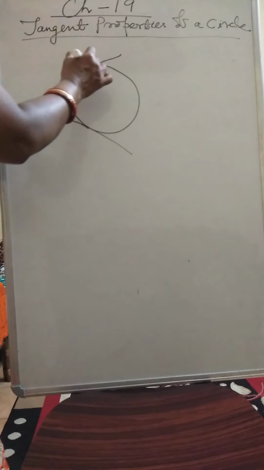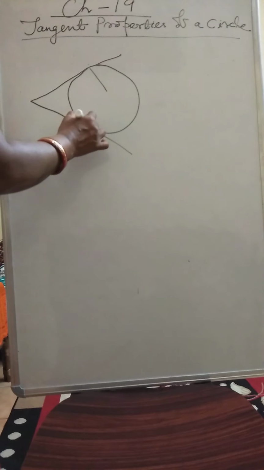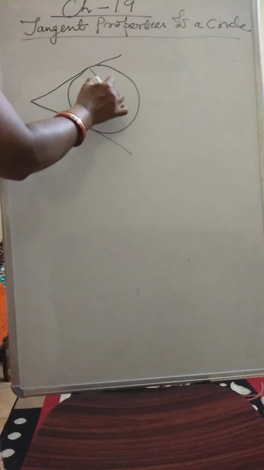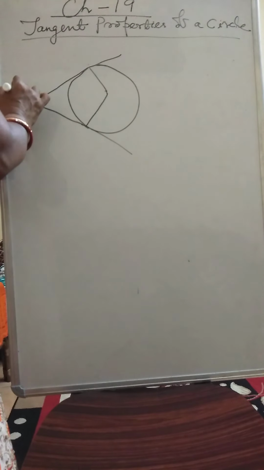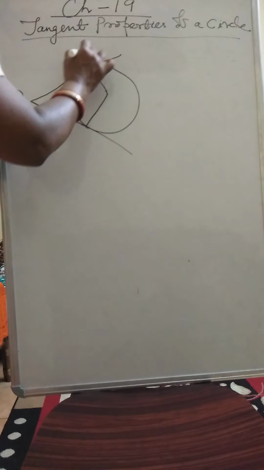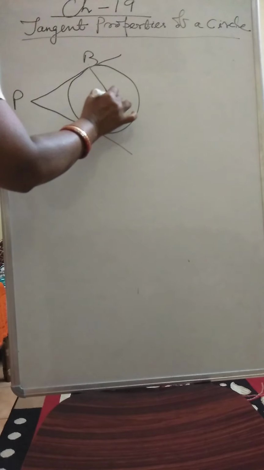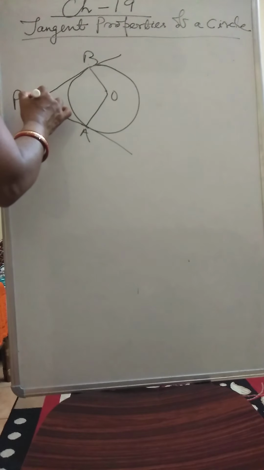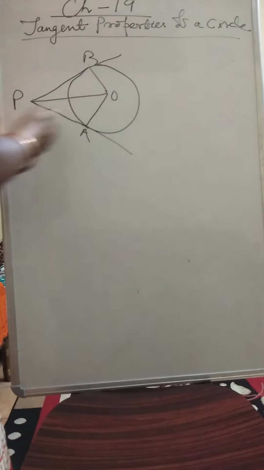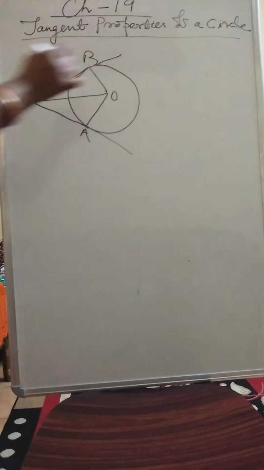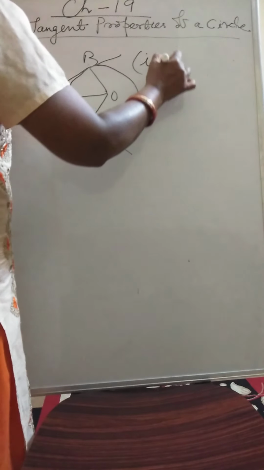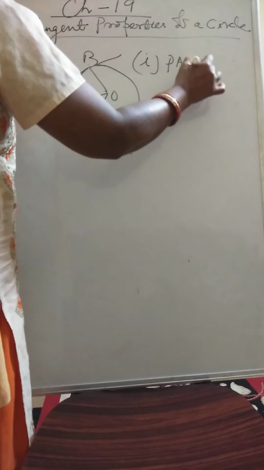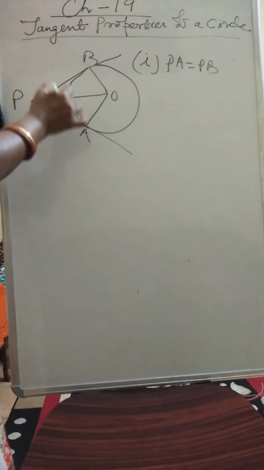Now it is giving, we have to first case prove PA is equal to PB. Those are tangents.